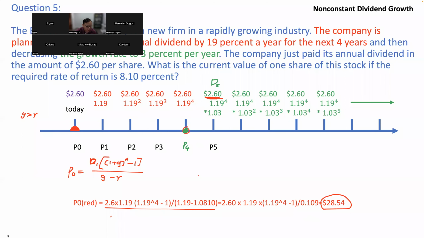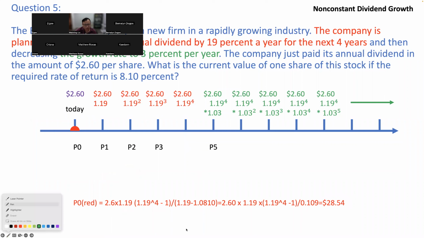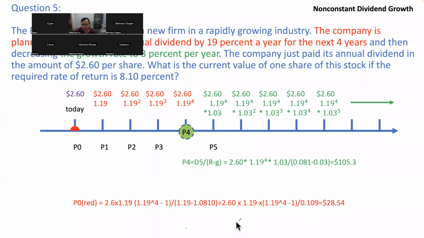Let me clear it up a little bit because it's too messy now. What I'm doing here is the other half, I will calculate P4 first. My P4 equals D5 divided by R minus G, because now G is 3% and R is 8.1%.